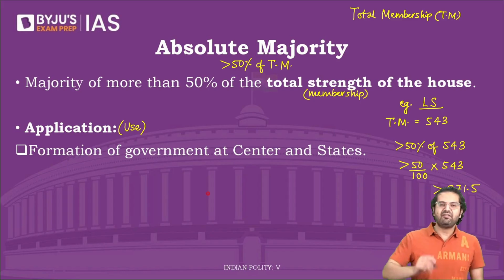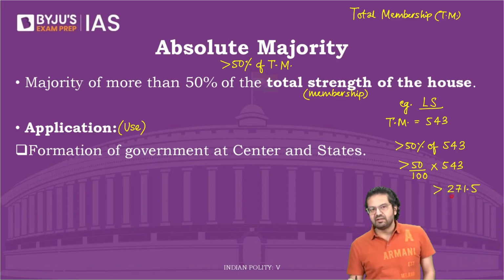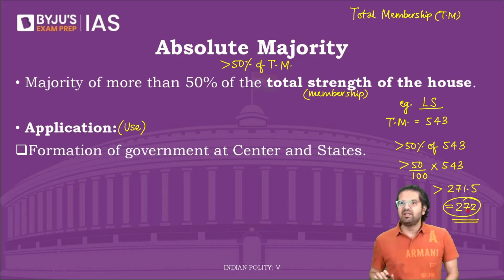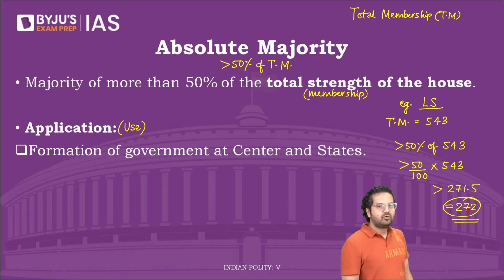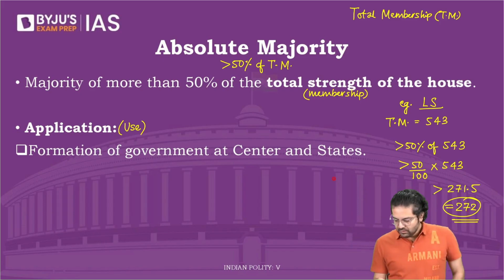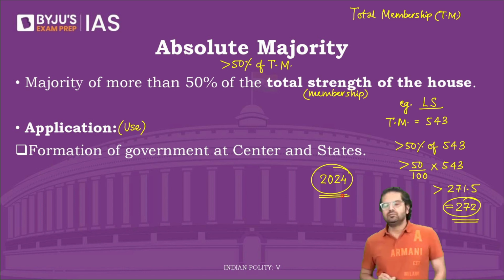We can't have half an MP, right? We want more than this. This would mean 272. So these many people are required to form the government after election. So in the 2024 elections, what are we going to do?